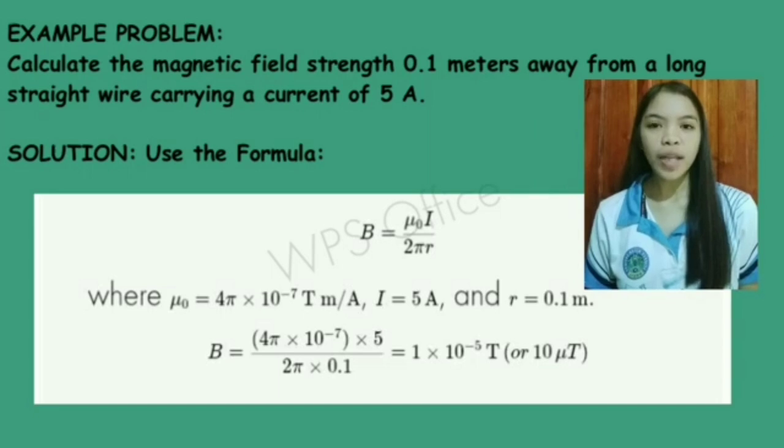When we divide these values, we find that B equals 100 times 10 raised to the power of negative 7, which can be written as 1 times 10 raised to the power of negative 5 T. Therefore, the magnetic field strength at a distance of 0.1 meters from the wire is 1 times 10 raised to the power of negative 5 T, or Tesla.